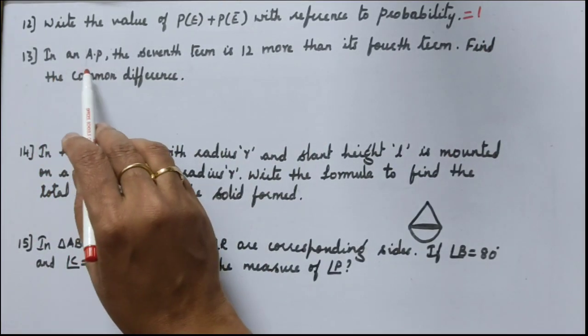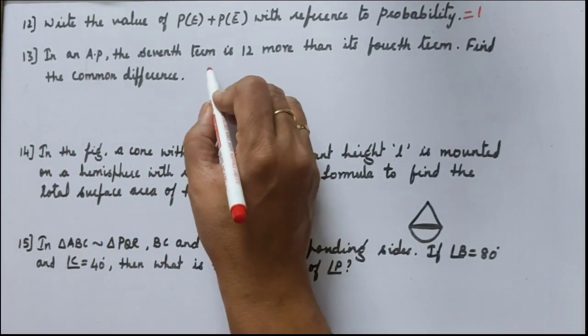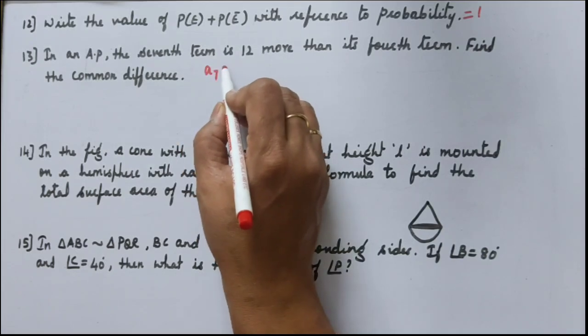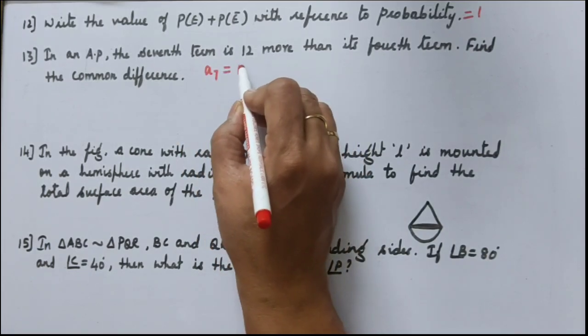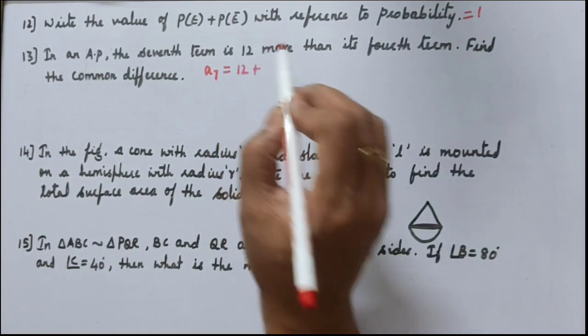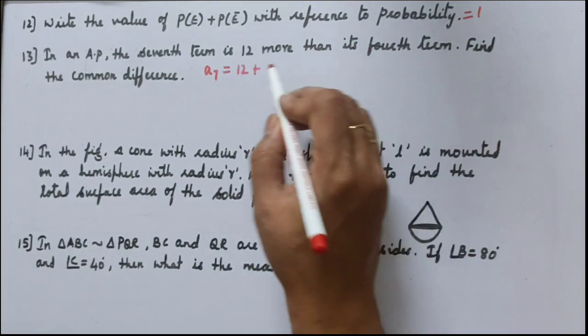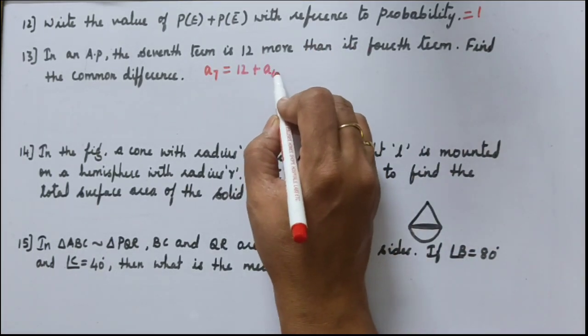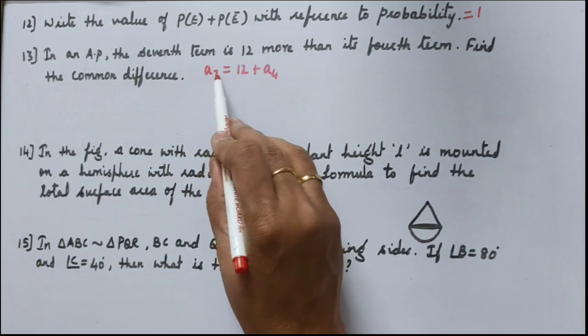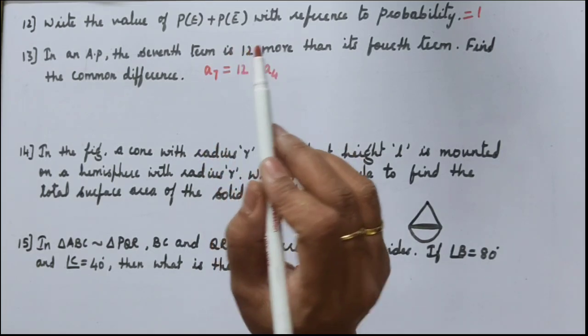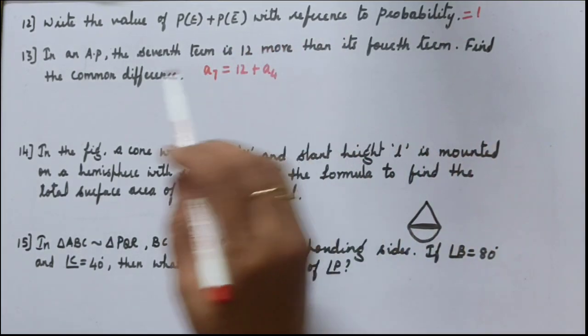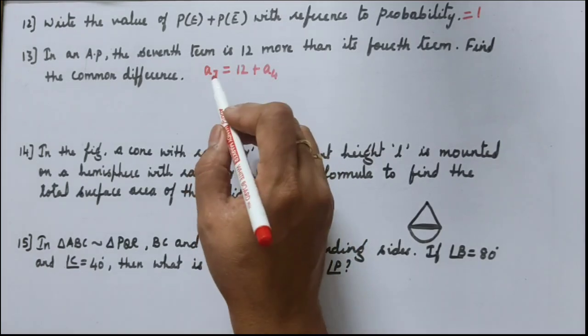In an AP, the seventh term, A7, is 12 more, that is plus 12, than its fourth term, A4. Or you can write A7 equals A4 plus 12. We need to find out the common difference.